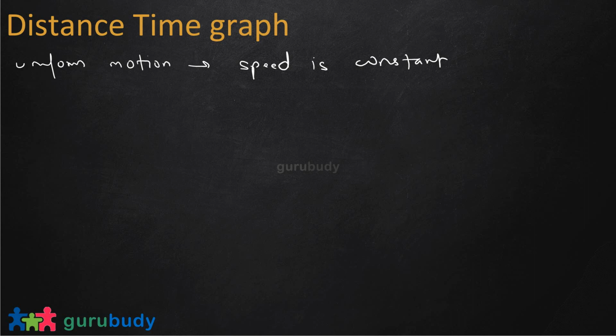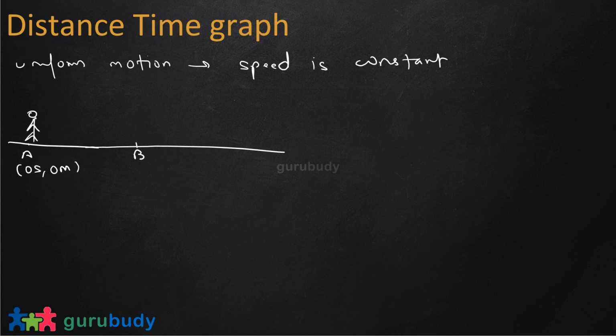So consider an example. Let's say we have a person at point A, which is 0 seconds and 0 meter, so this is my origin.